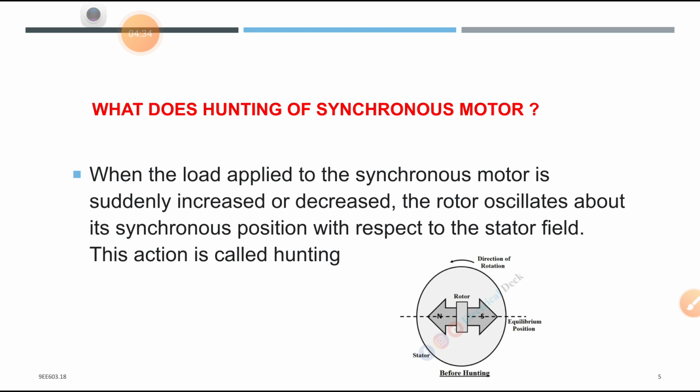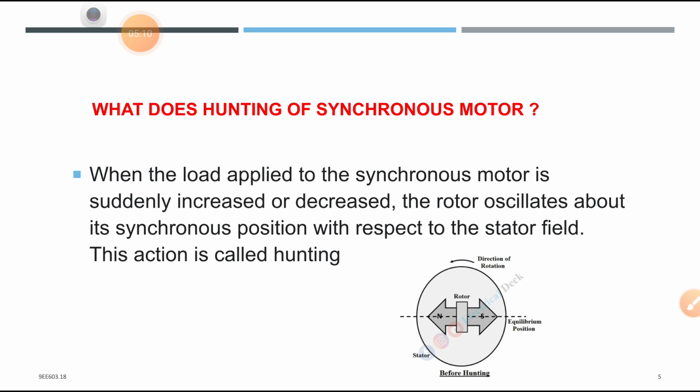If load suddenly increases on the rotor, the rotor falls back and the angle increases. During this period, alpha increases. The current taken from the supply has to be increased to produce the torque in such a way as to meet the load increased on the motor and maintain the constant speed.